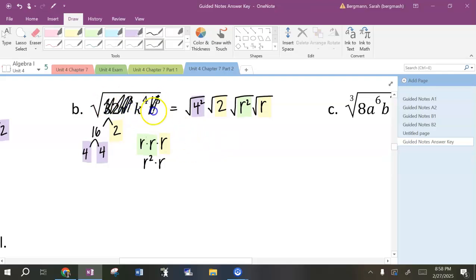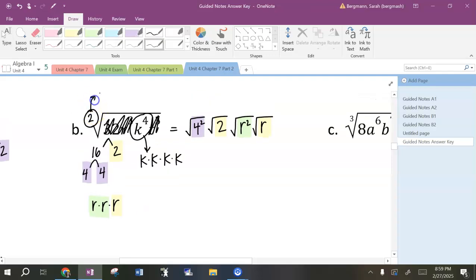Next, let's focus on the k to the 4th. K to the 4th, what that really means is k times k times k times k. Are there any matching factors? Remember, since this is a square root, whenever the number is not written, that means it's a square root. We are looking for groups of 2.